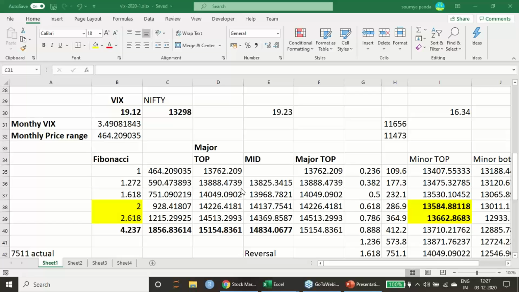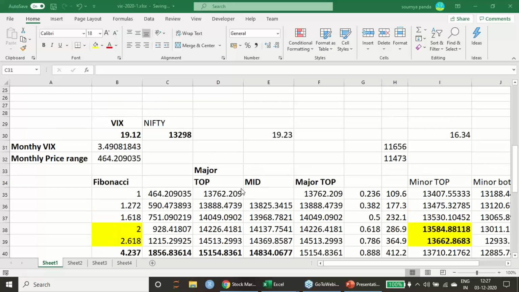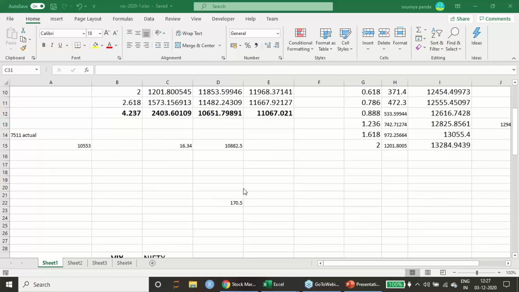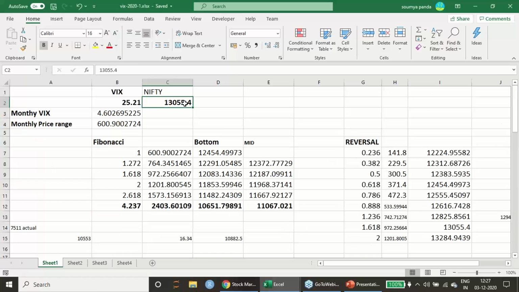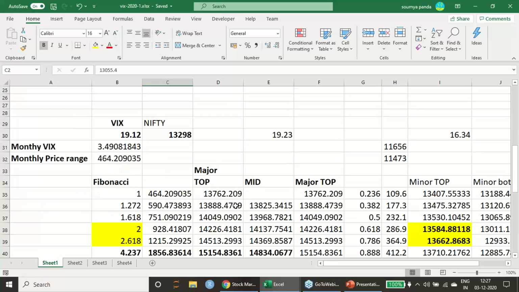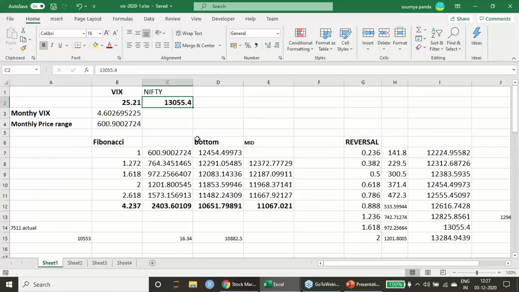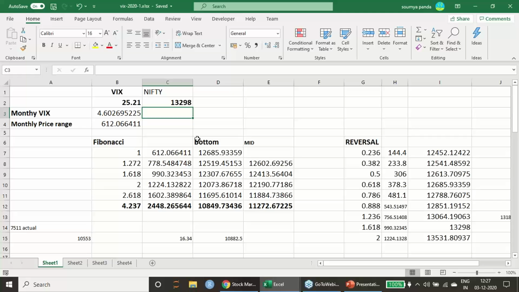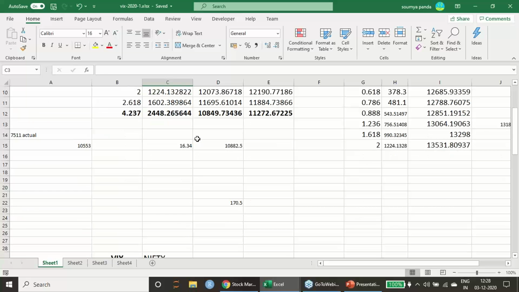Once you are doing the second cycle top calculations, one thing you have to remember very carefully: once the price goes to the second cycle, the bottom calculations will also change. It is not only the top calculation that is going to change. The bottom calculation is also going to change, from the 13,298 reference. So you have to draw the bottom calculations from 13,298 as well. Here, two things you have to remember.